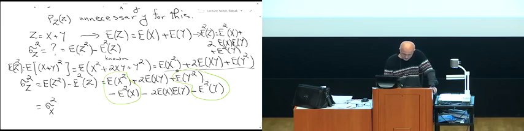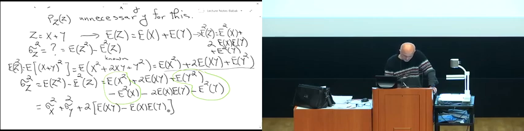The second green blob is the variance of y. And then I have this curious thing here, which is 2 times E of xy minus E of x, E of y. So that's a formula for the variance of a sum.